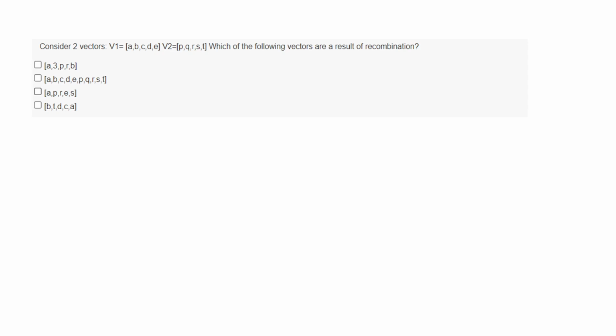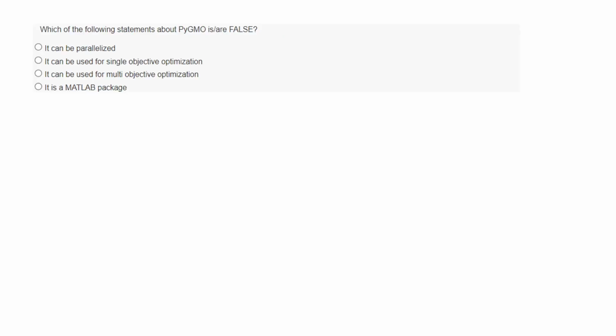B is there, A is there, C is there, D is also there. Just T has been swapped out for E. So these last two options are possible. The first two are not. So the options will be C and D for this one. I'm sorry, I do not have the answer here. Next question.